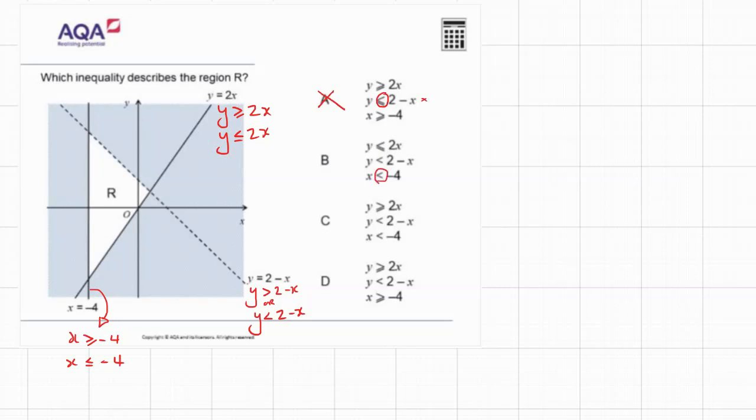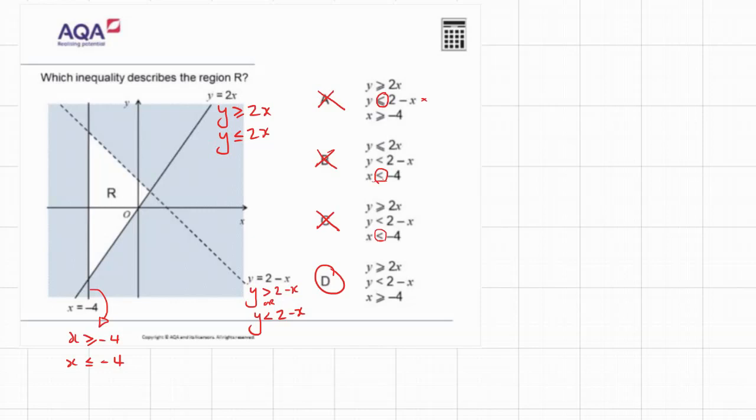This inequality here, we'd expect a dashed line if this inequality was to be drawn on our graph, which is not what they've drawn. In fact, this question seems to be easy if we're doing it this way and eliminating. This, again, would not stick. It's the same reasoning as I said in the question above. So actually, we've eliminated it straight away to D.